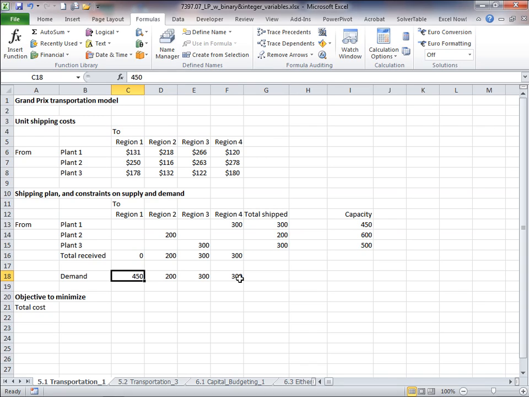to do now is satisfy demand in region 1. So the lowest cost in region 1 is the 131. So I'll pick 150 from there. That uses up all of the capacity of plant number 1. I still need 300 though, don't I? My next lowest cost is 178, but I can't use that 300, can I?